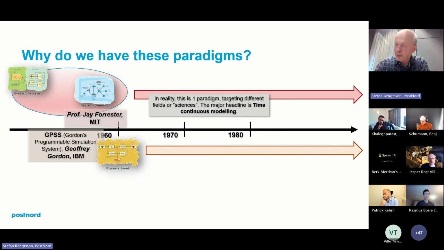And since he was from IBM, he thought in terms of messages, because data is usually handled by sending messages or packages or whatever. So he created a way to think with logic, where you sent the package that came to be called an entity from one block to the next block.